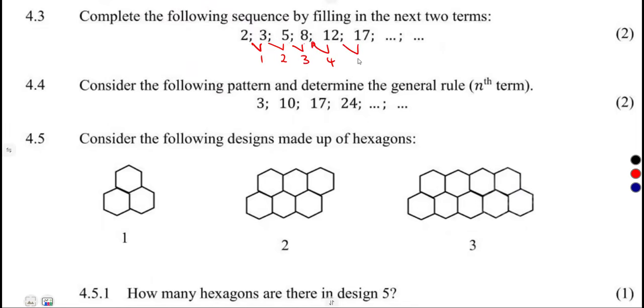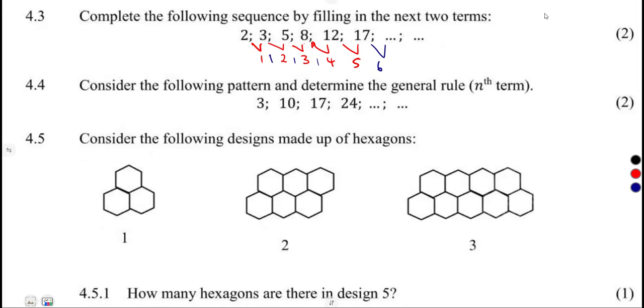So you can see that the differences are increasing by 1. The next one was going to be 6. So simply meaning to say 17 plus 6 gives us the next term.